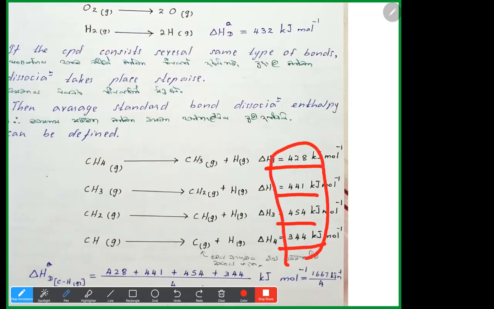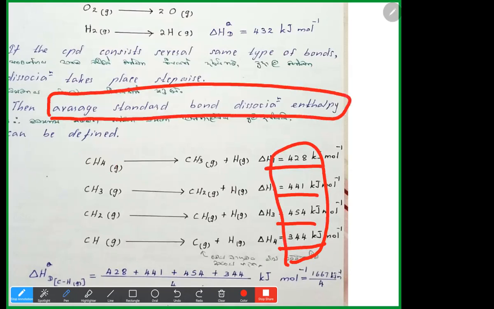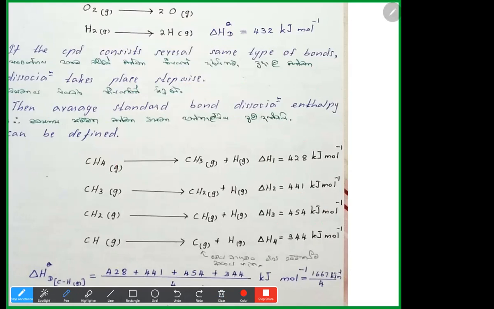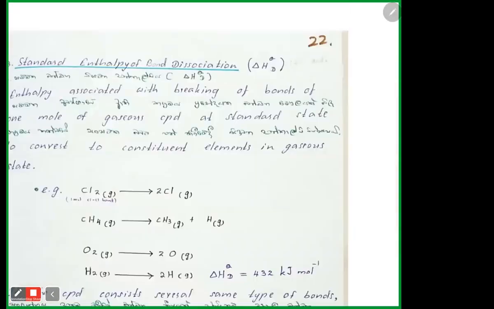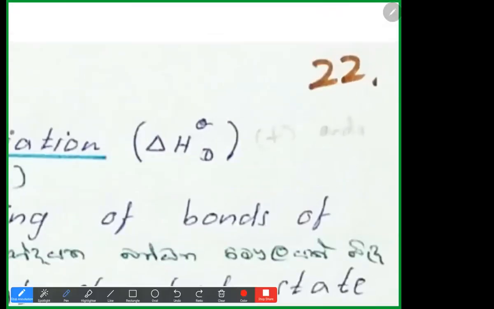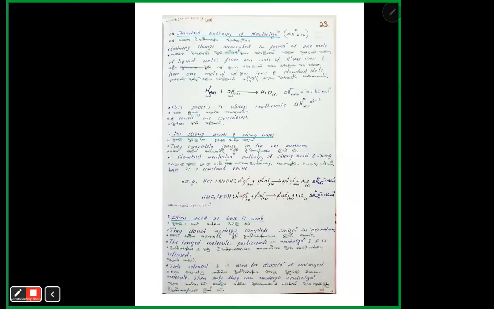So they have different bond energies. So to get the average standard bond dissociation enthalpy, we have to add these 4 together and divide by 4. Then only we can go with average standard bond dissociation enthalpy. And this is the symbol, enthalpy change, standard bond dissociation. D is the dissociation.